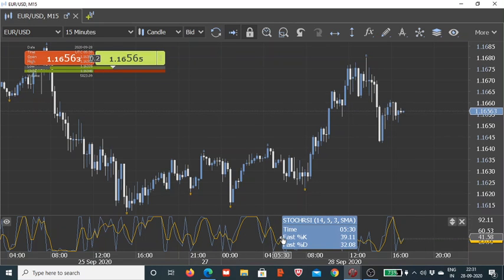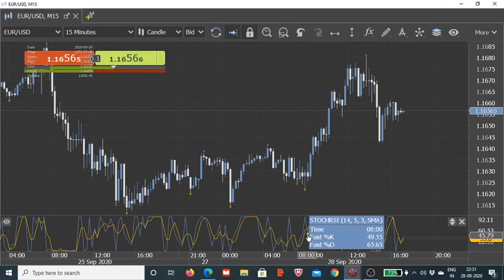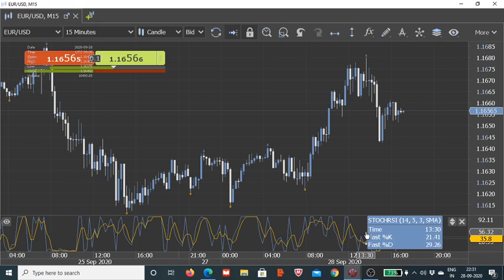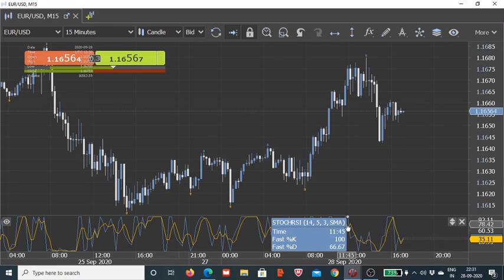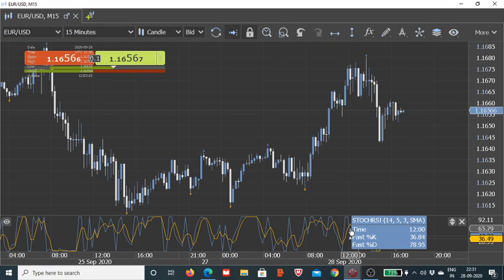So here the stochastic values give you an idea of which direction the momentum is in. As I said, if the fast K value is above the fast D value, then the momentum is generally considered bullish. If the fast K value is below the fast D value, then that is considered a bearish signal.